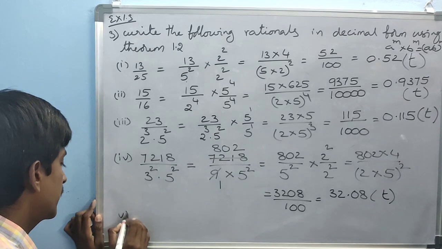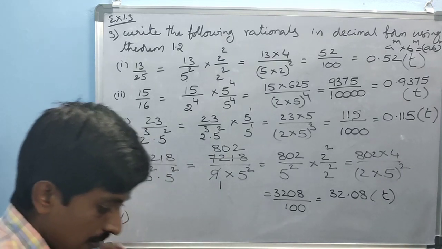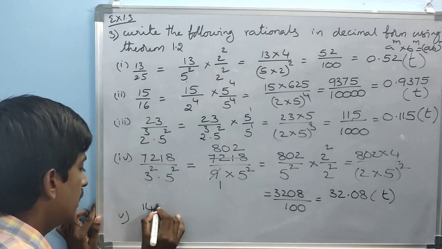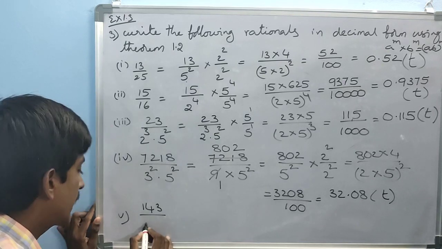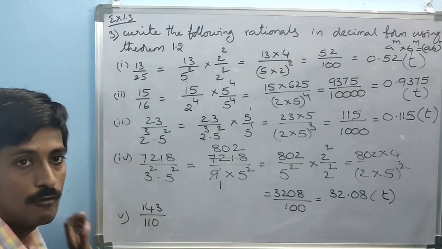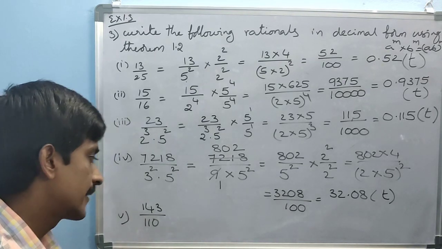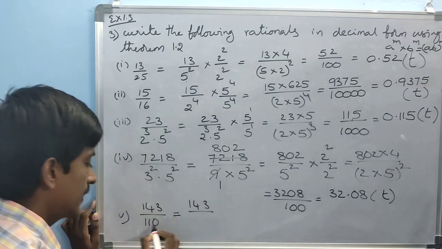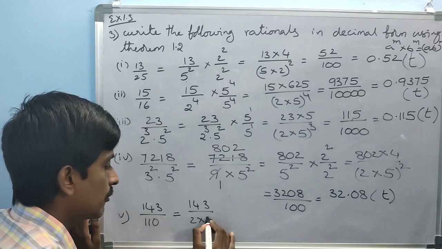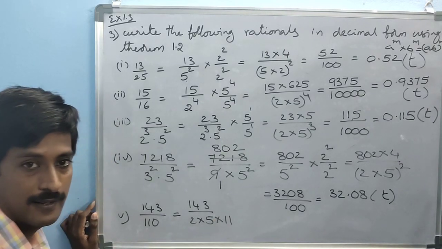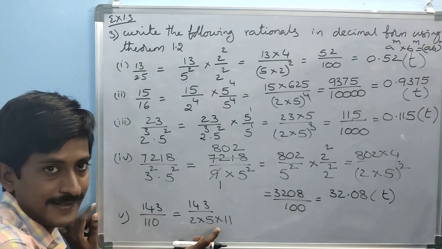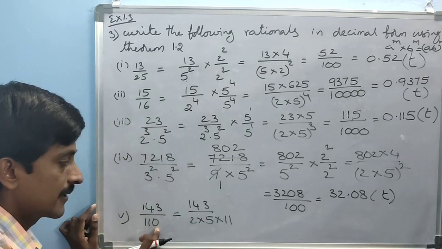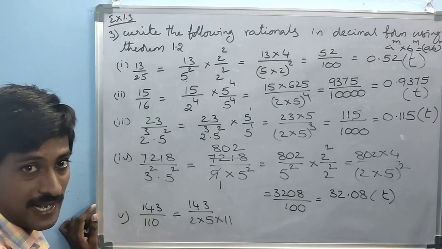Next, what is the fifth one? 143 by 110. Here 110 can be written as 2 into 5 into 11: 2 5s are 10, 10 11s are 110. Here also 11 is an extra number.